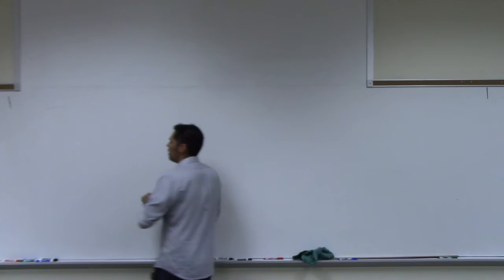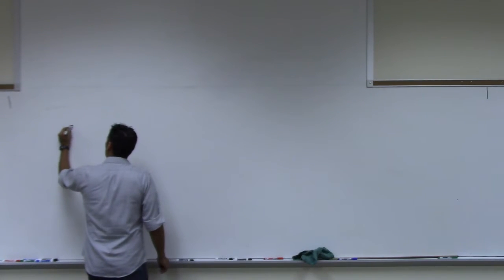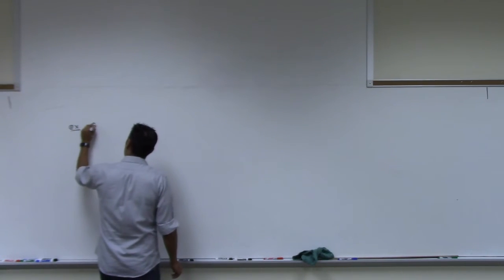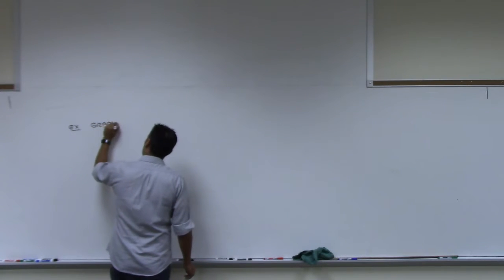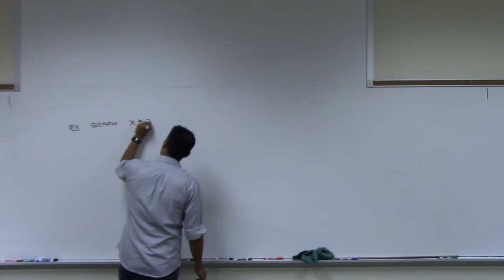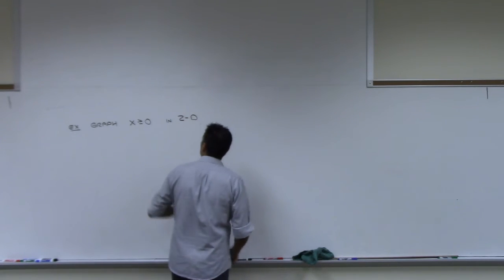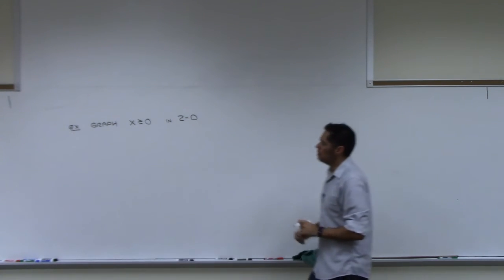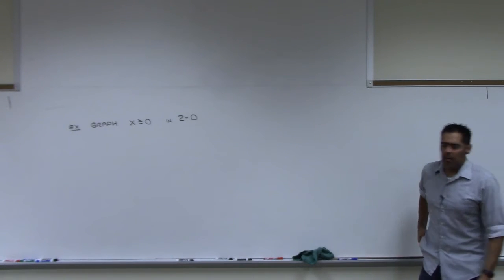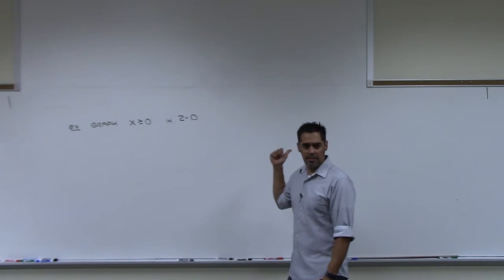I'll give you a couple more examples. Graph x greater than or equal to 0 in 2D. In 2 dimensions, that's what I mean. What does x greater than or equal to 0 look like? We just did it, right?